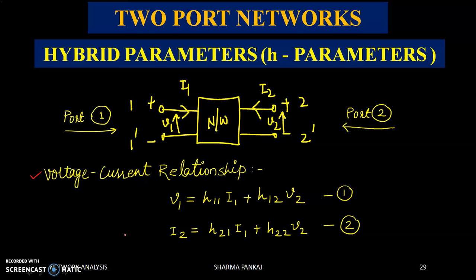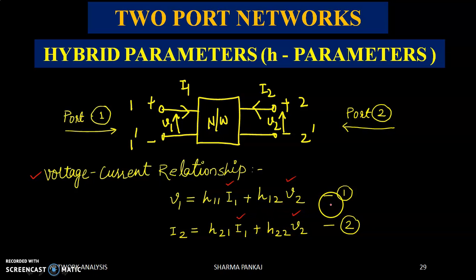Equation number 1 is V1 is equal to H11 I1 plus H12 V2. You can observe that in the first equation of V1 we are having I1 and V2. I1 is defined at port number 1 and V2 is defined at port number 2. Similarly, for equation number 2, I2 is equal to H21 I1 plus H22 V2.